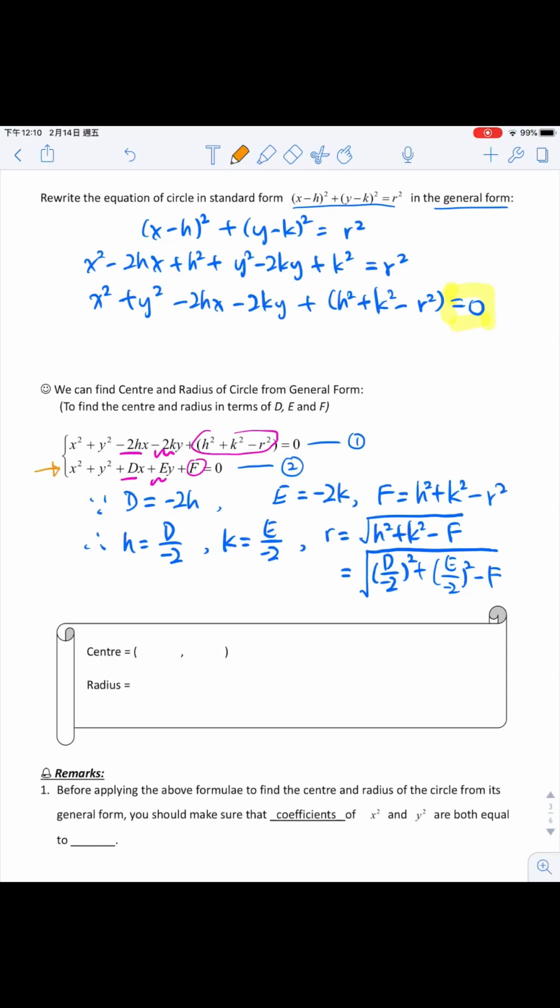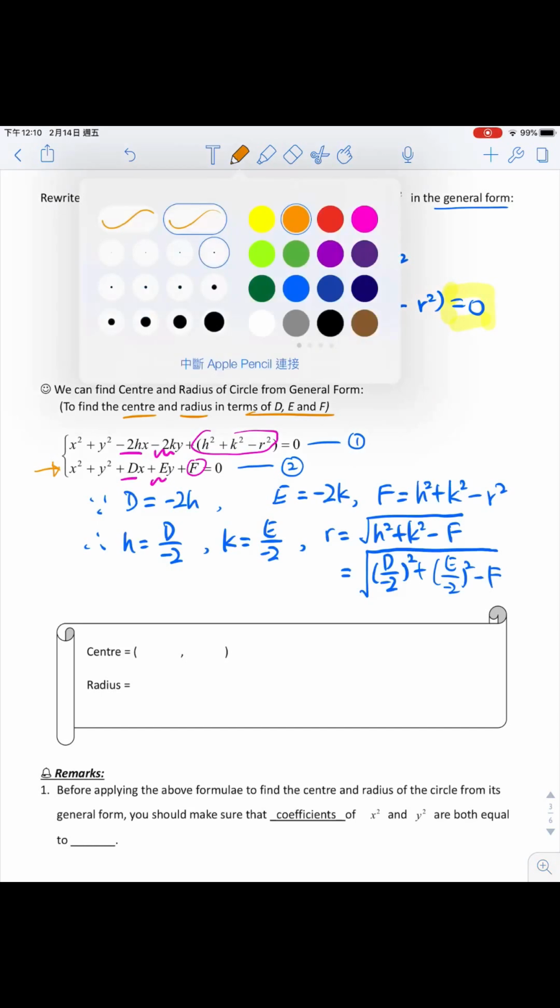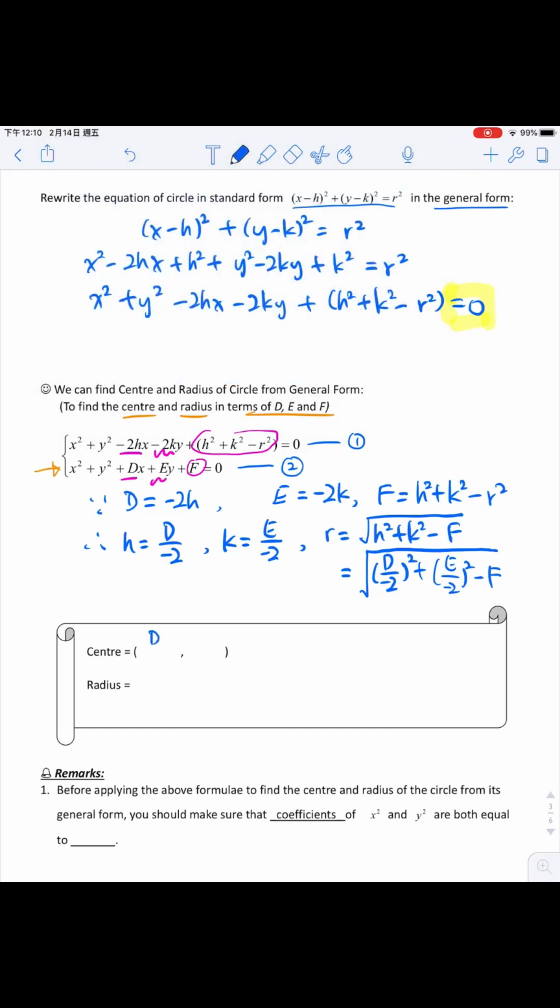So from the equations in general form, we can have the formula of finding the center and radius in terms of d, e, f. The formulas are as follows. For the center, we have d over negative 2, e over negative 2, and for the radius, we can use d, e, f to find the radius of the circle.